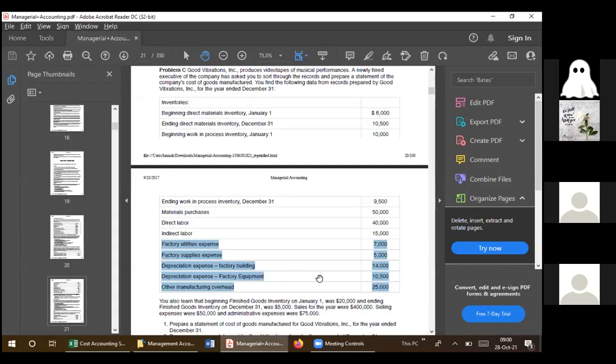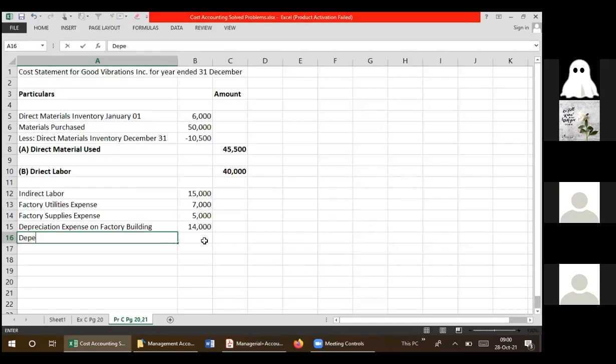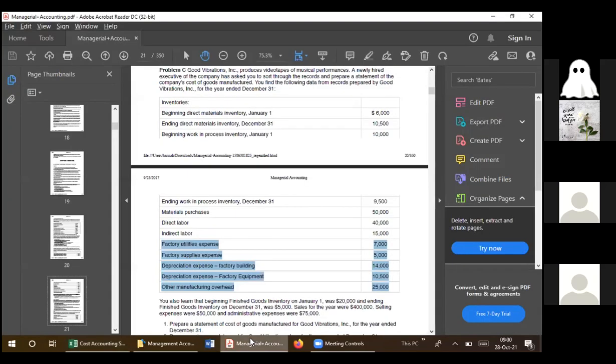Then depreciation expense on factory equipment $10,500. Then we have other manufacturing overhead 25,000.